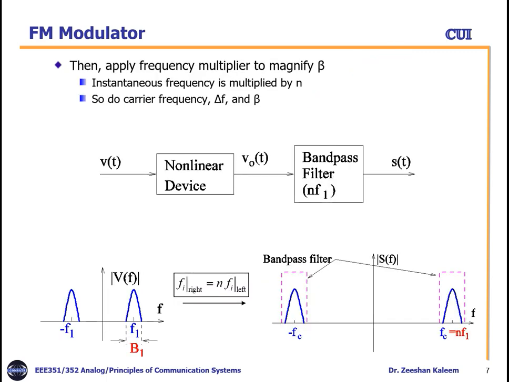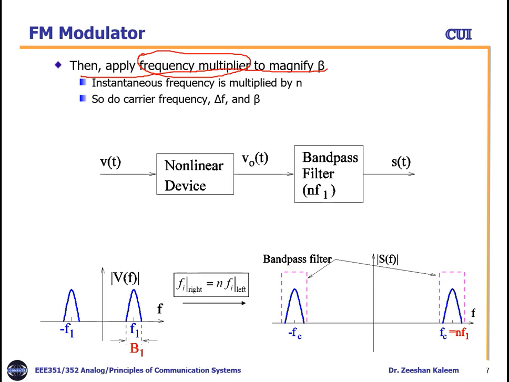After getting this, apply the frequency multiplier to magnify beta. The next step is that we need to enhance the beta to get the wideband FM signal, right? So we have to multiply with the frequency multiplier. We will discuss this frequency multiplier in detail in the coming slides.